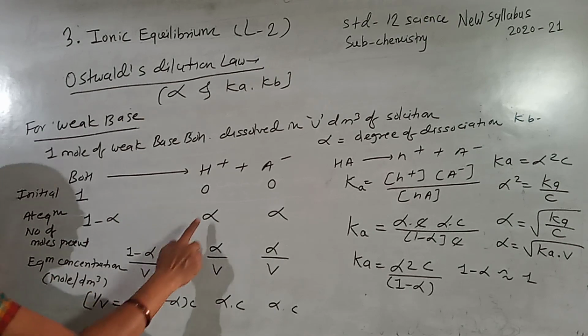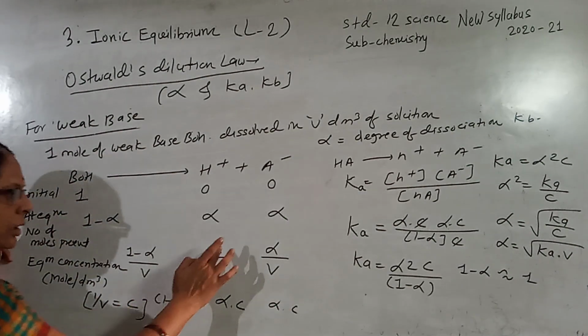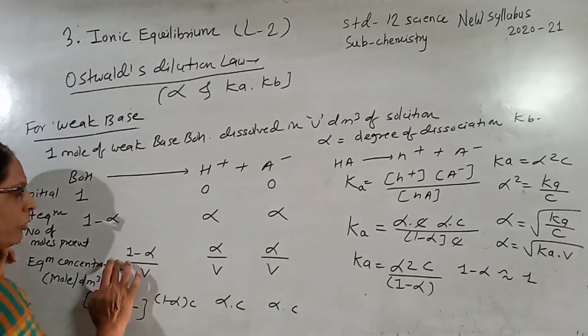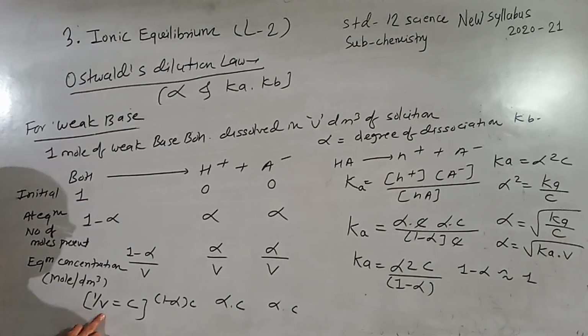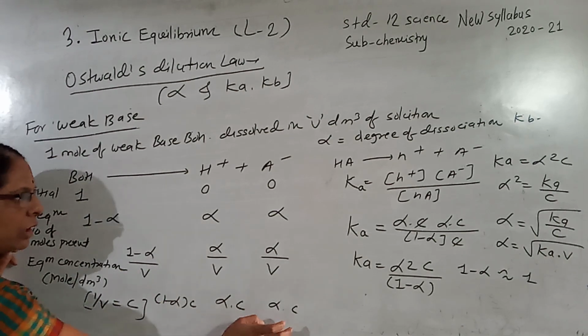The number of moles are alpha, alpha and the volume is V. So the equilibrium concentrations are alpha divided by V, alpha divided by V, and 1 minus alpha divided by V. We know that the inverse of the volume is the concentration, so I can write 1 minus alpha into C, alpha into C, alpha into C.